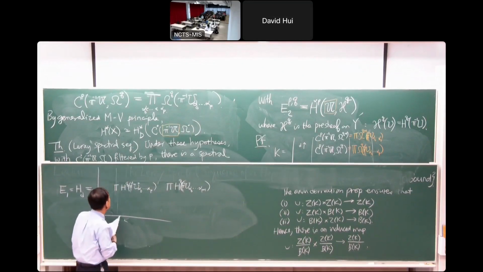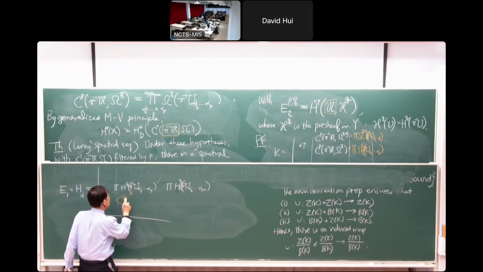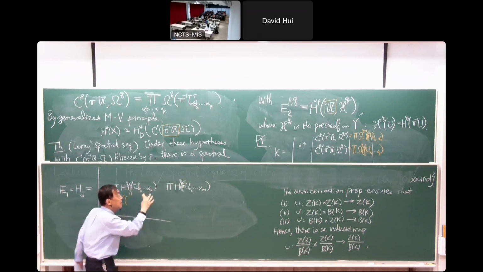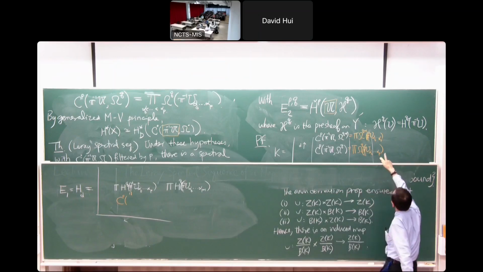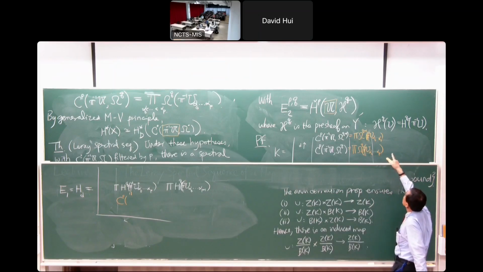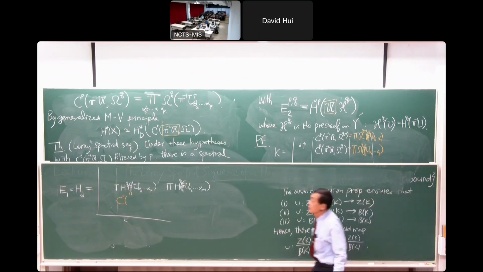And this is now H^Q of pi inverse of an open set. So that's the presheaf script H^Q of the open set.